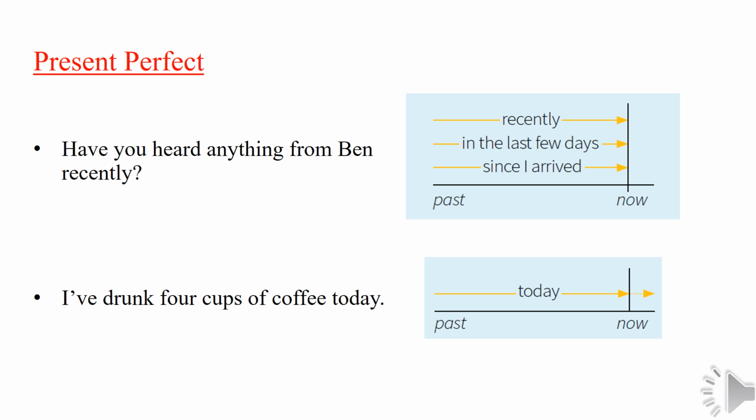You can see that the action started at a specific point in the past and it continues till now. Maybe the action or the result continues till now and maybe continues to the future, as when we use the adverb today. For example, "I've drunk 4 cups of coffee today."